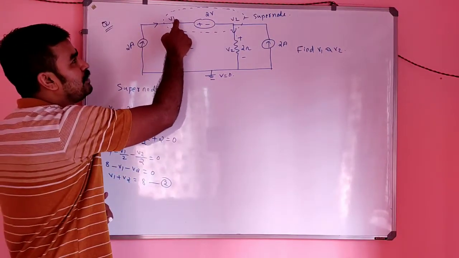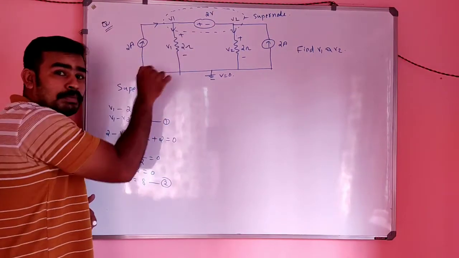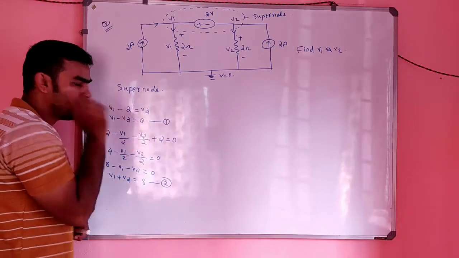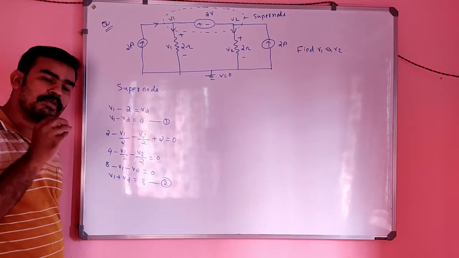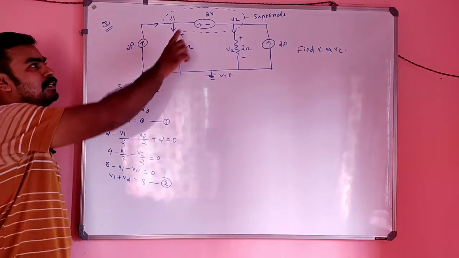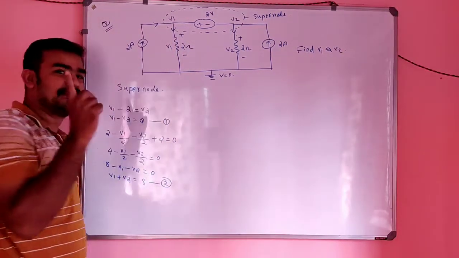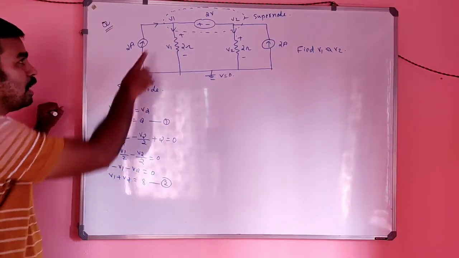That is nothing but V1 minus V2 equal to 2 volt. That is how the supernode is formed, and I have to write that first. In all supernode problems, you have to write first how the supernode was created. I wrote how it is created.